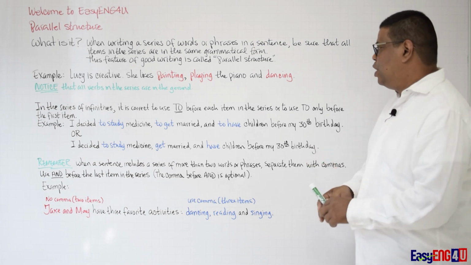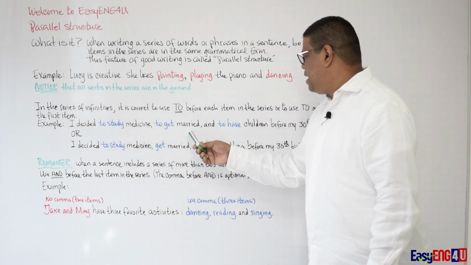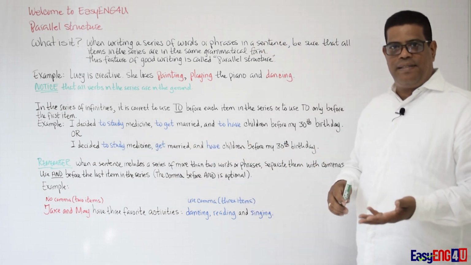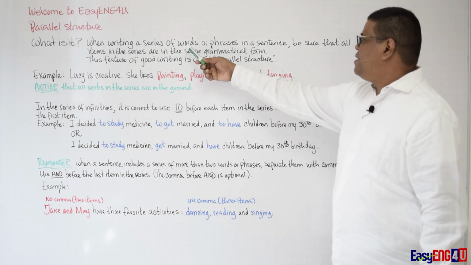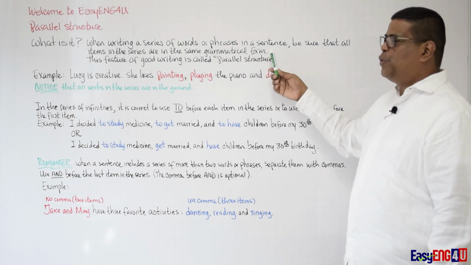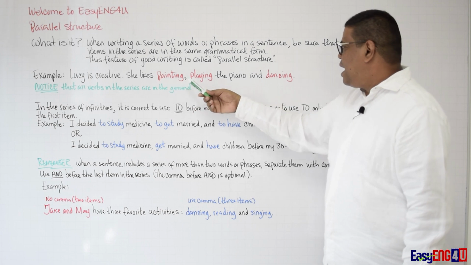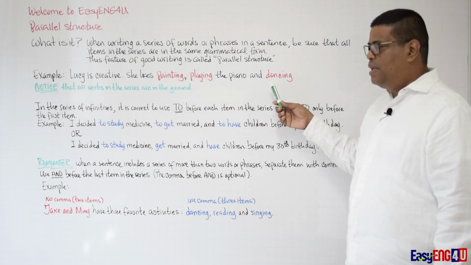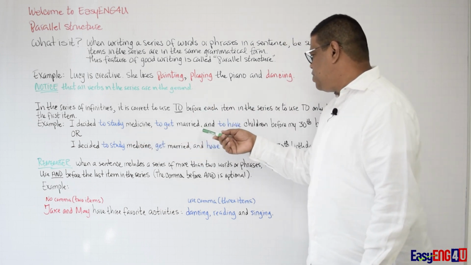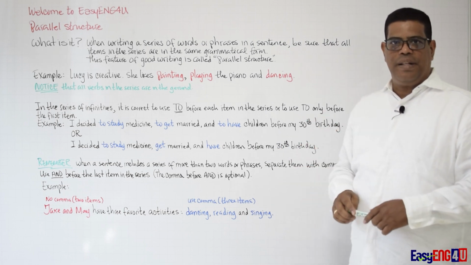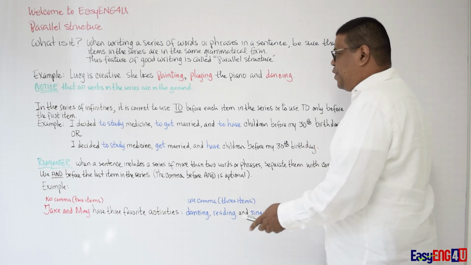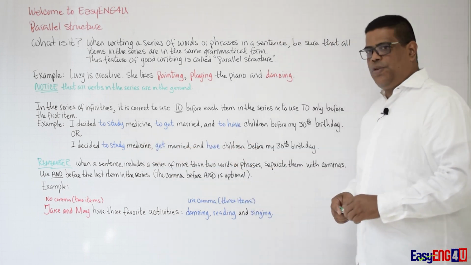As you can see, all the items in my sentence have the same grammatical form. Here I used the infinitive with all of them. Okay? With all of them I used to.